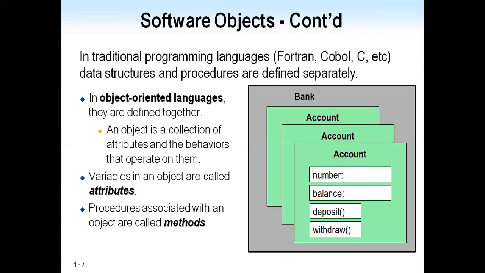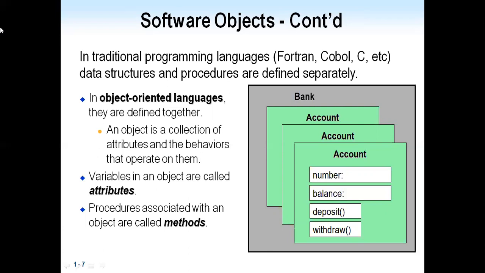Next, in traditional languages, like Fortran, COBOL, and C language, data structures and processes are defined separately. In object oriented languages, they are defined together. The object is the collection of attributes and behavior that operate on them.